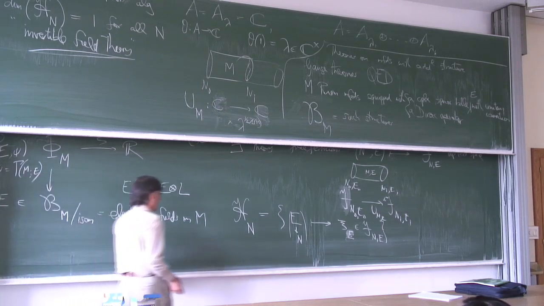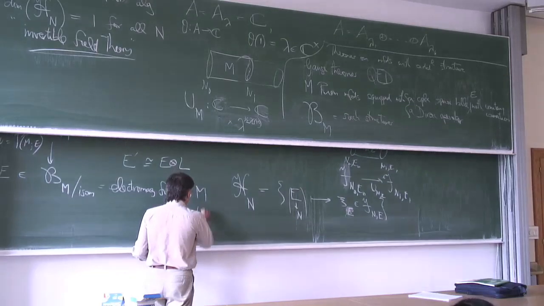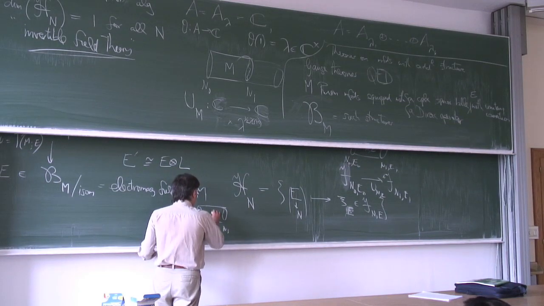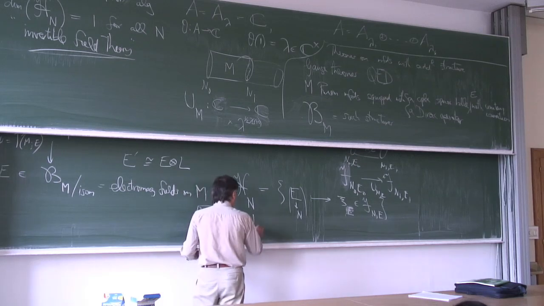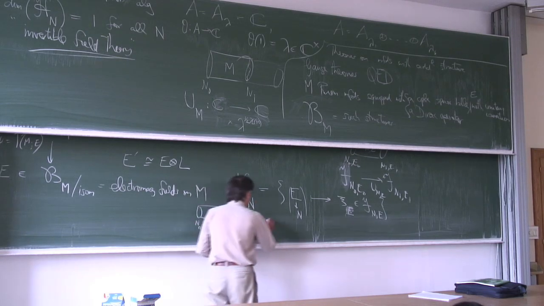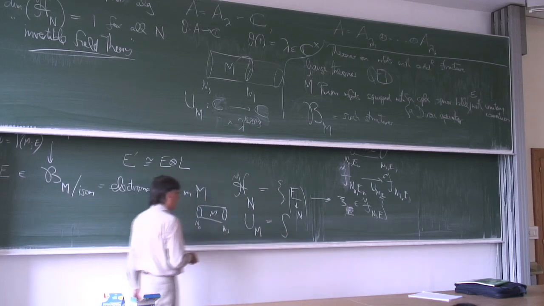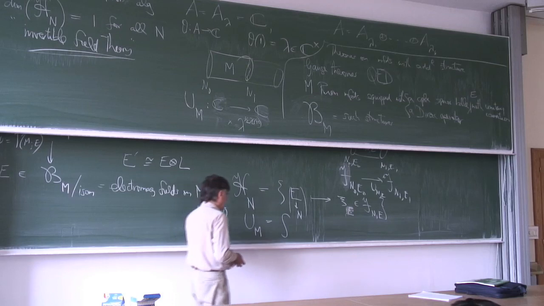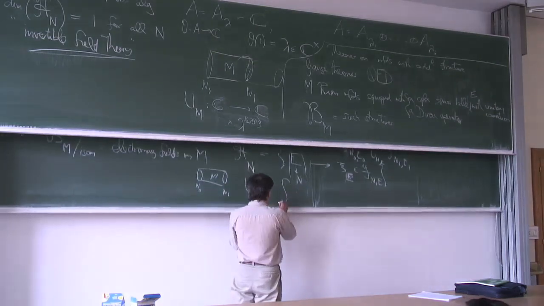And when you have an operator, when you have a cobordism N0 to N1, we want to define the U_M. And at least notionally, this will be the integral of all.